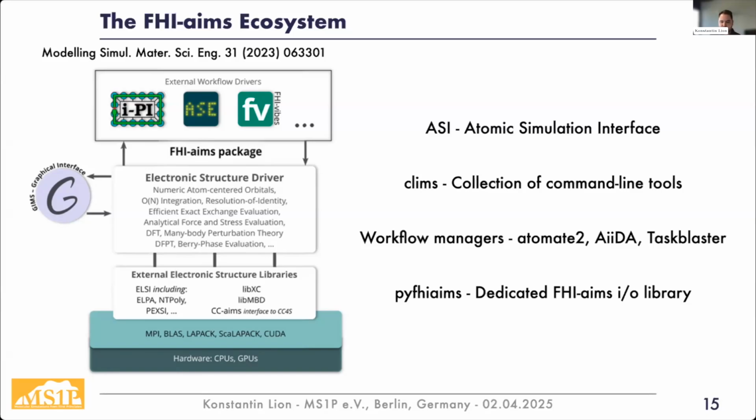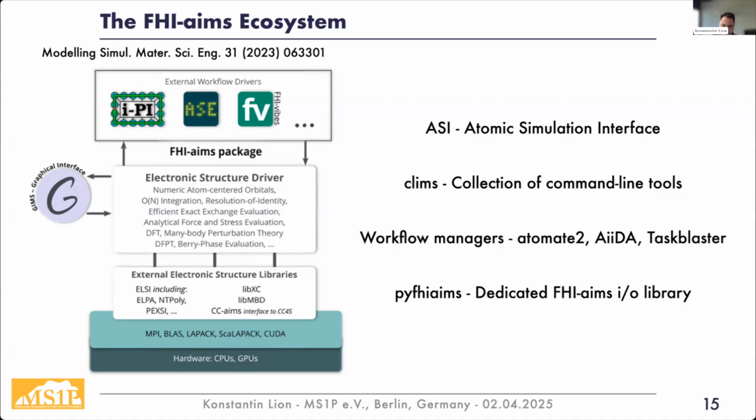And I just wanted to briefly mention FHI-aims can also be used as a library. So we have, for example, the atomic simulation interface directly supported by FHI-aims. So if you want to extract a Hamiltonian, for example, to train on the Hamiltonian and so on, this is also possible. We have an additional Python package, CLIMS, which is a collection of command line tools to hopefully ease the burden of creating input files and analyzing results.